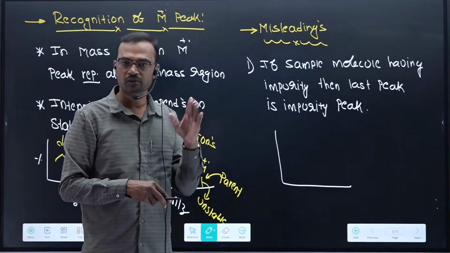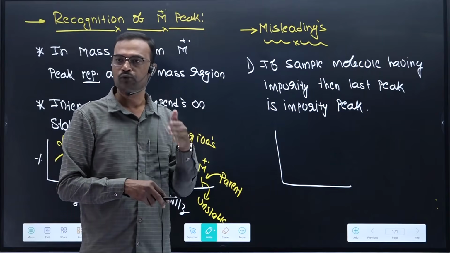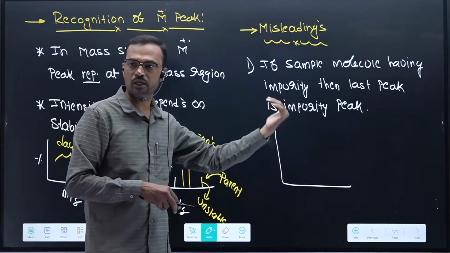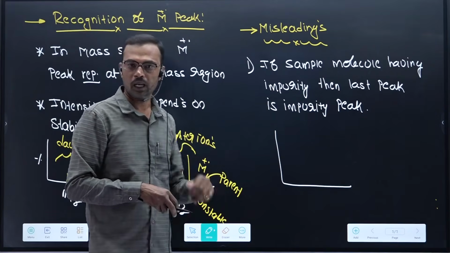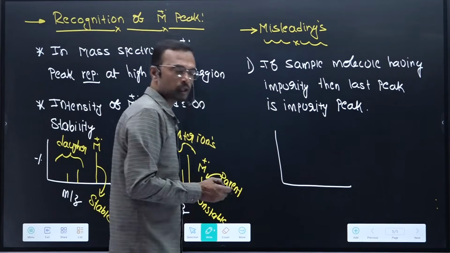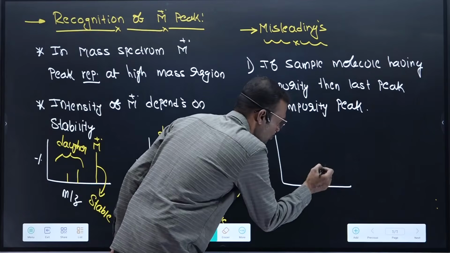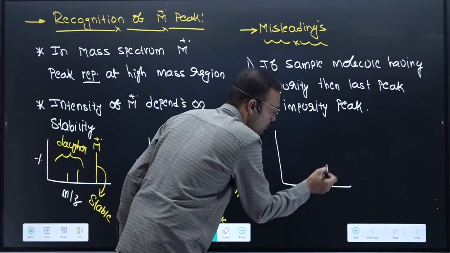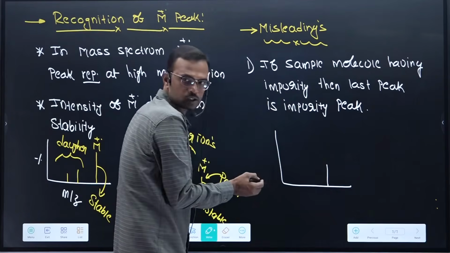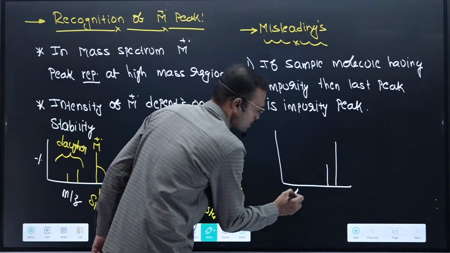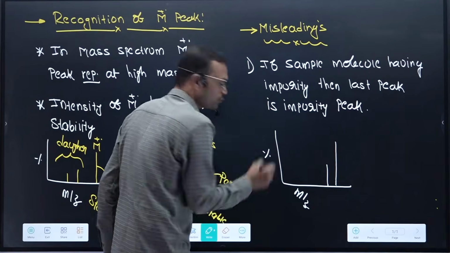Suppose someone gives you an unknown sample and you don't know what is added in it. Based on that, we can't say it is a molecular ion peak; the last peak may be an impurity peak. See, I am adding benzene in toluene. This is benzene, and this is pure, and this is impure. This is the m/z value, and this is the percentage of intensity.